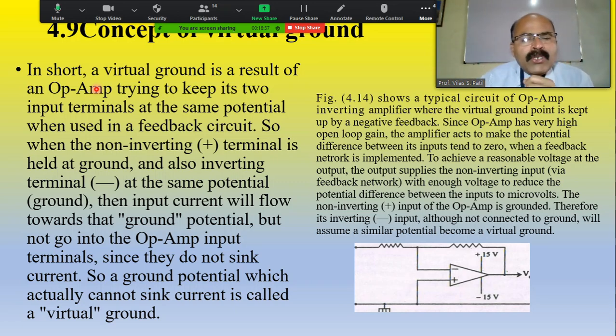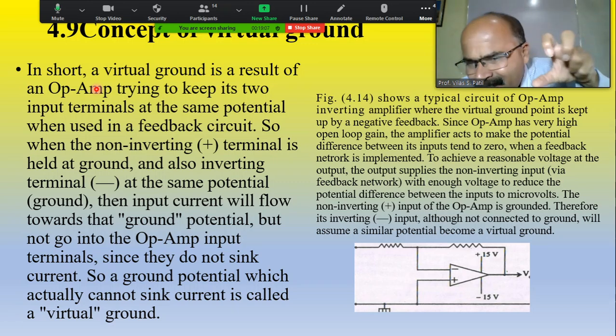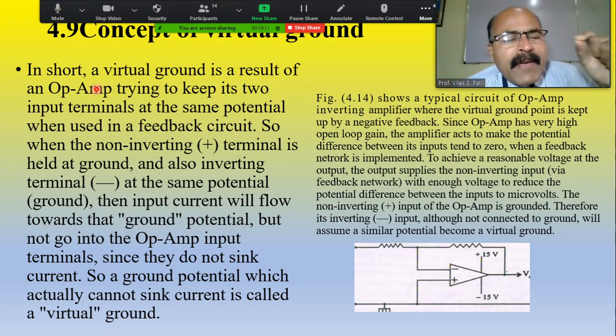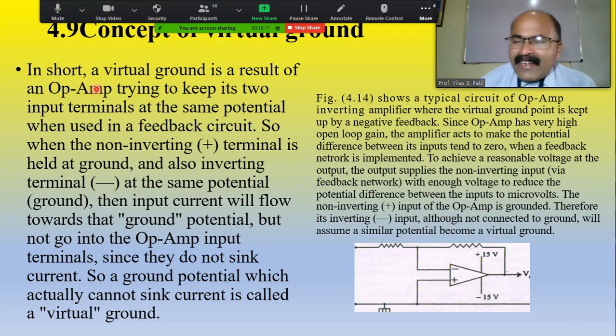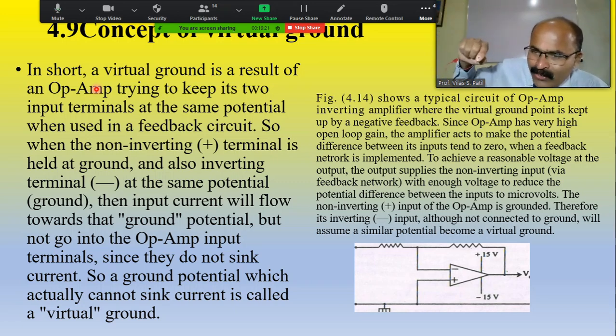In short, a virtual ground is the result of the operational amplifier trying to keep its two inputs at the same potential when used in a feedback circuit. तो काय करतोय? प्रयत्न करतोय कशाचा? A feedback circuit is one feeding the output back to the input, injecting output back to the input.